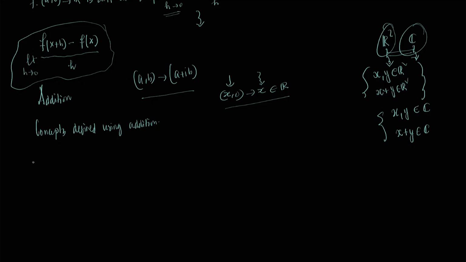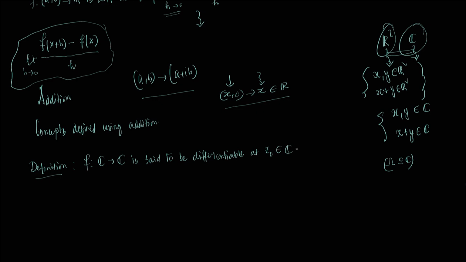So what is the definition? Let us assume f is from C to C. I am writing C to C, but you can write it as omega, an open subset of C, to C. F from C to C is said to be differentiable at z naught in C, a complex number.